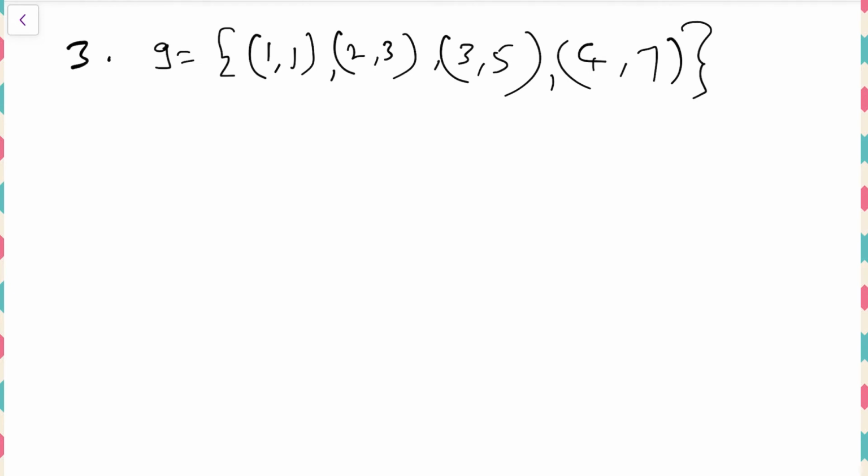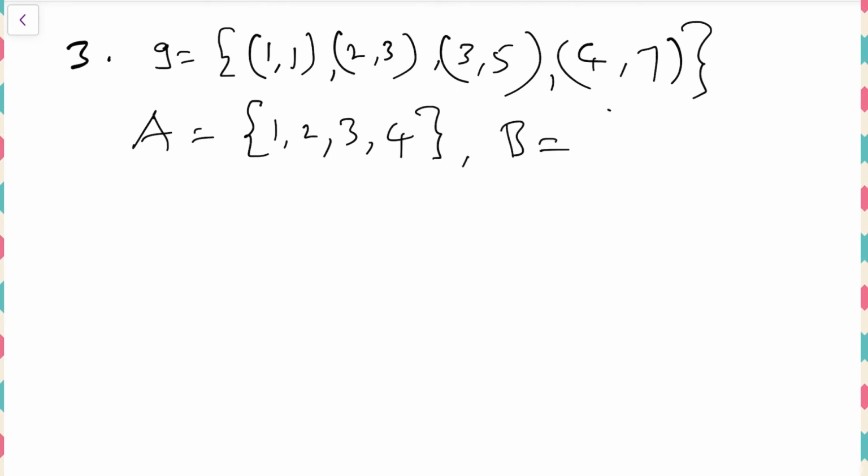Is g a function from A to B? Set A is given as {1, 2, 3, 4} and set B is given as {1, 3, 5, 7}.